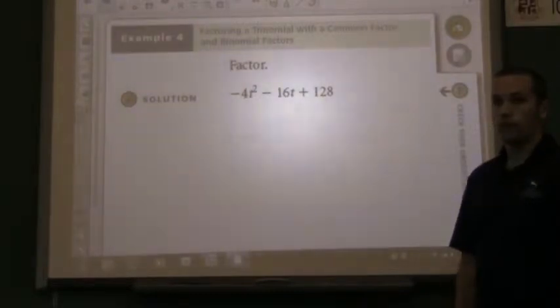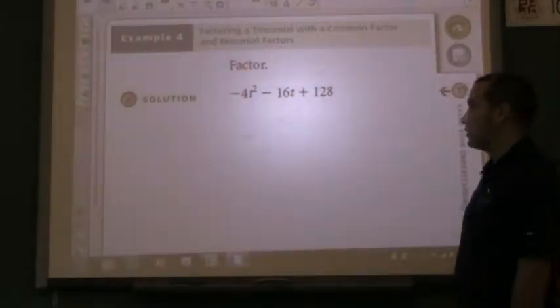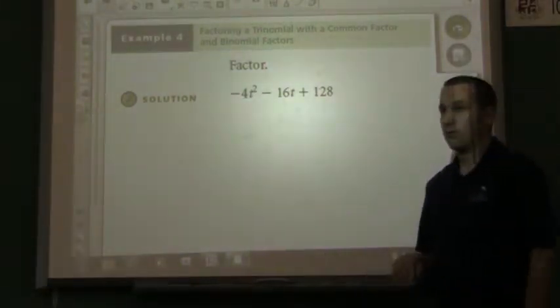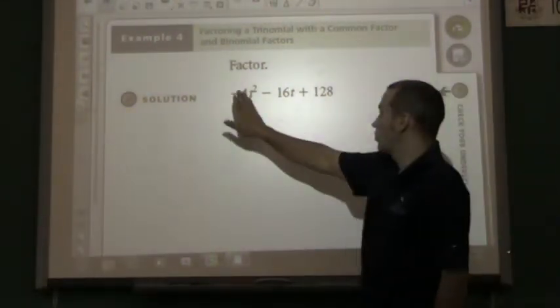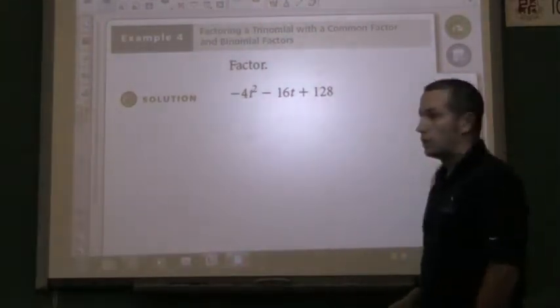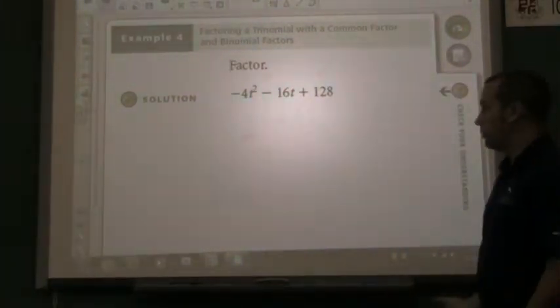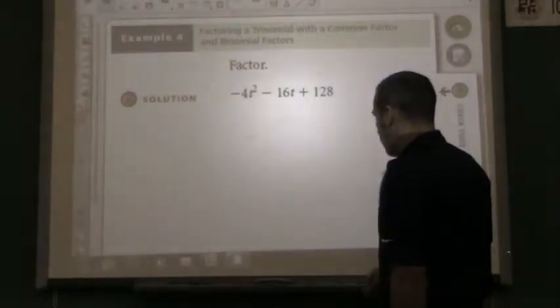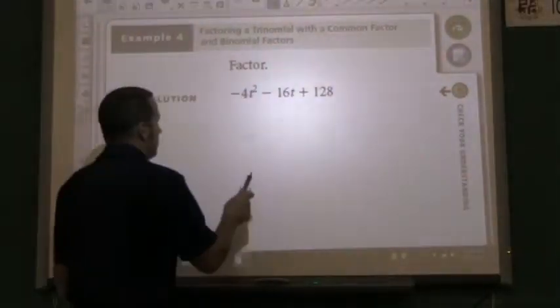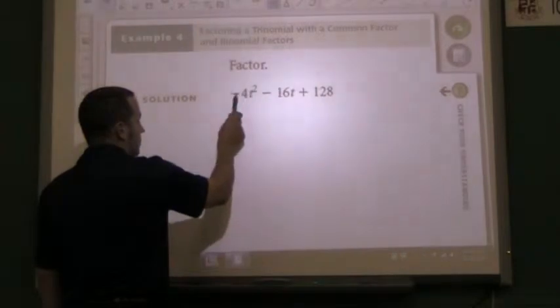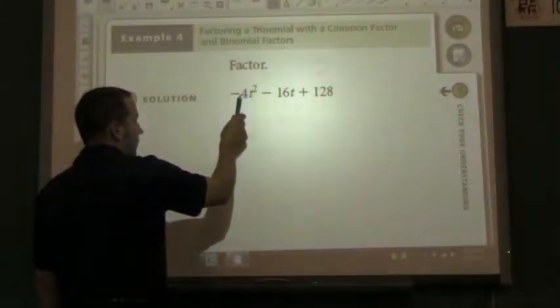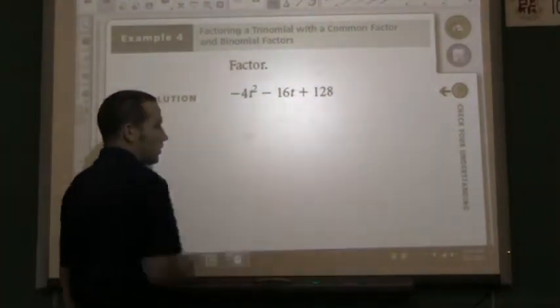Every other one that we've done so far has only had a 1, or we don't show a 1 in front of a variable. It's there, but it's not shown. So normally what we've seen is this. So you say, well, what do I do with a question like this then? What we can do for something like this is we'll look to see if the number that's in front of the squared term can be factored out of all three terms.